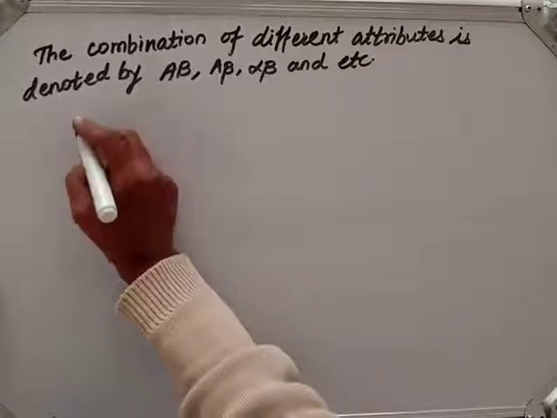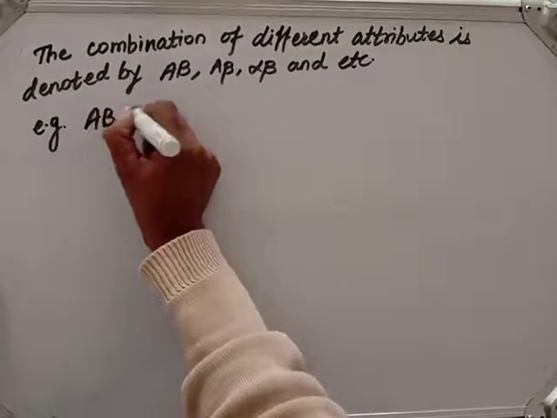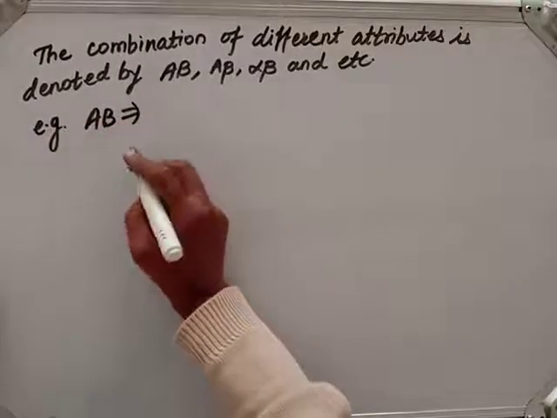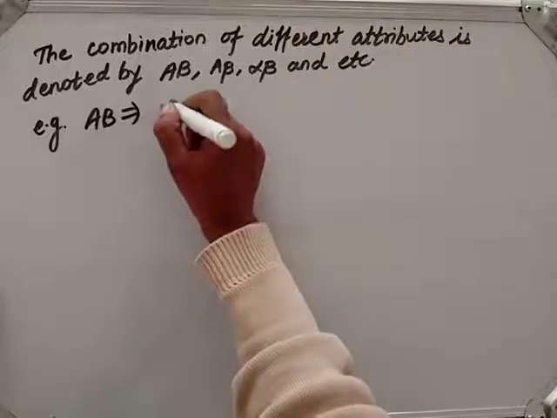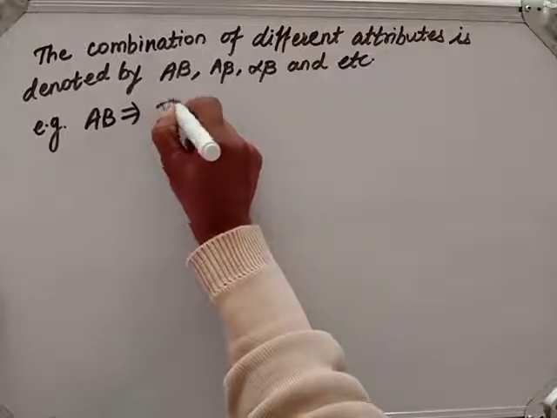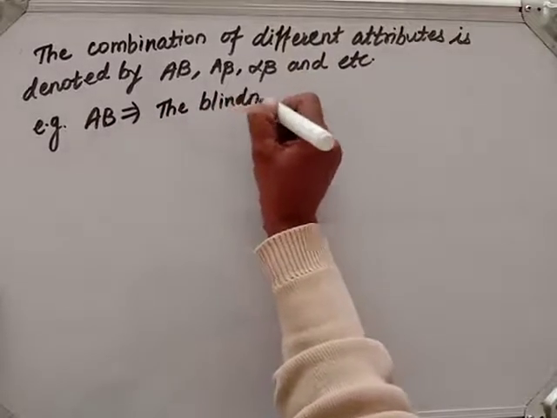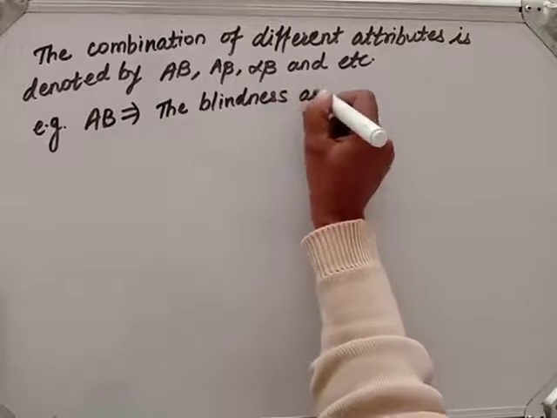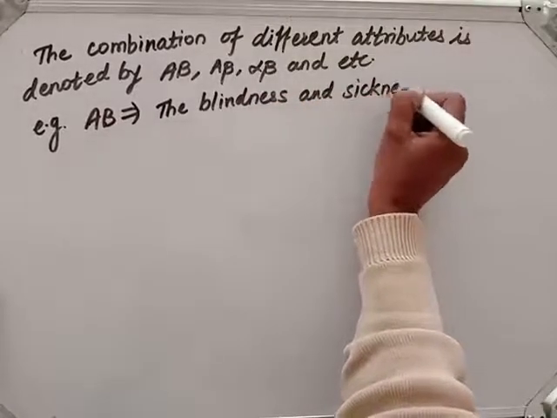Okay. So now according to the example, this AB, what does it say? It says it possesses blindness and sickness, both.